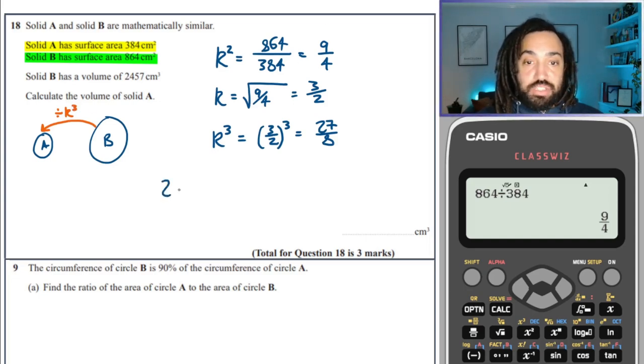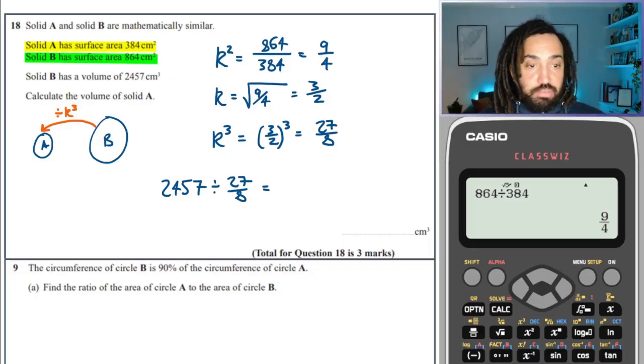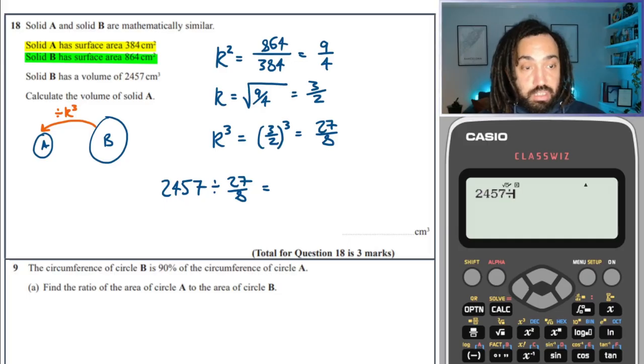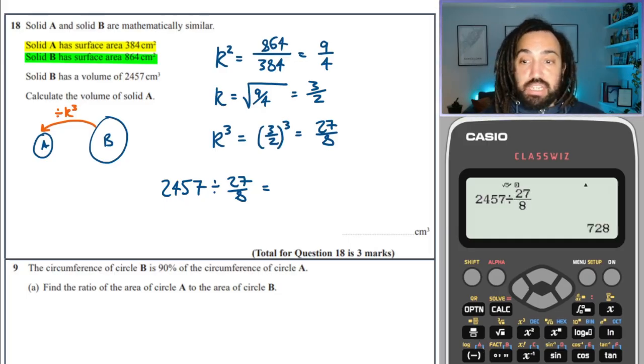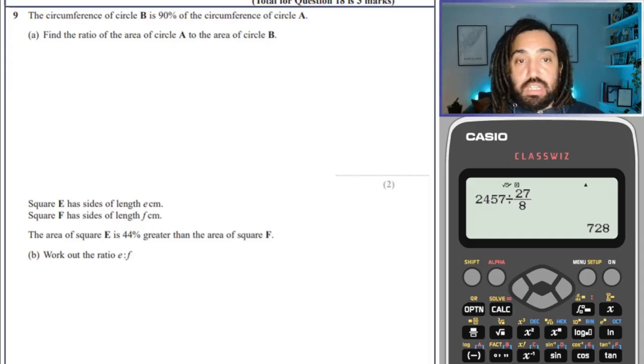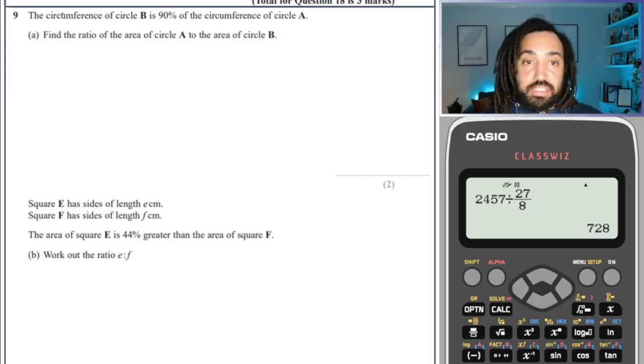So I take my 2457 and divide it by the volume scale factor, which is k cubed, and that's going to give me the volume of the smaller shape. So I'm dividing that by 27 over 8. And we get a nice number of 728. Perfect.